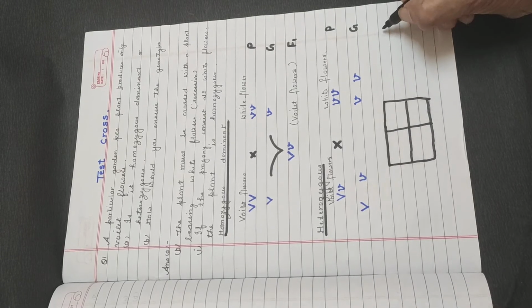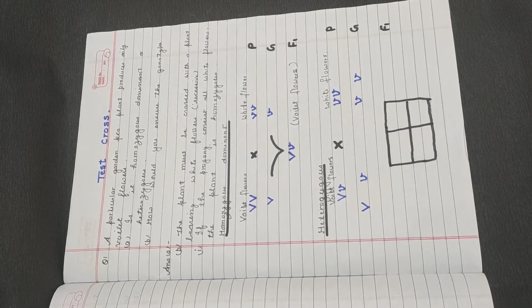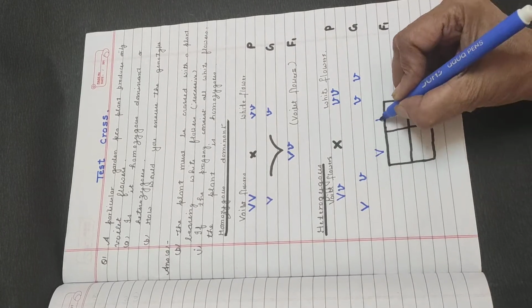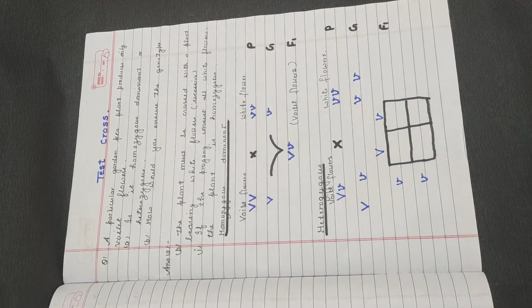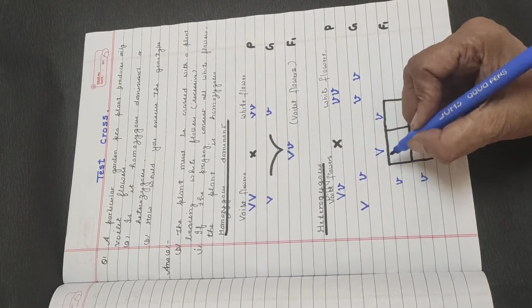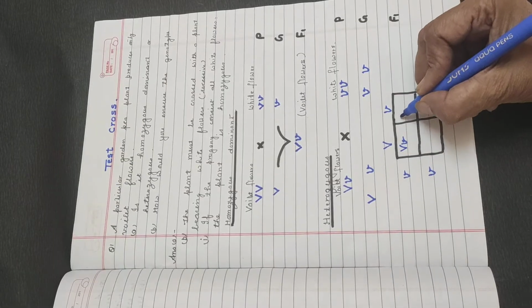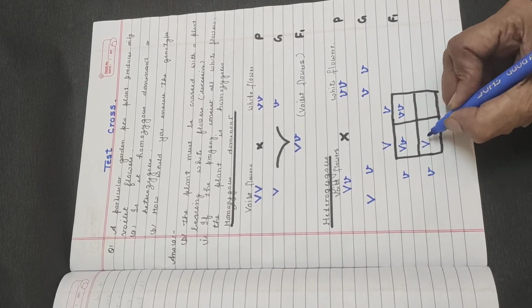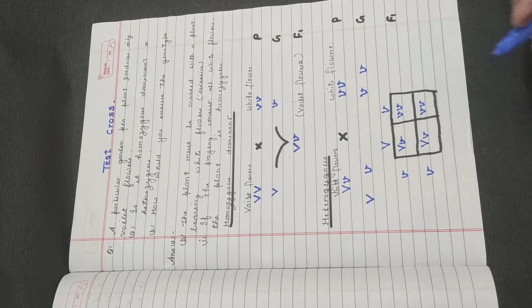Don't forget these types of things. Now, what will you write here? This will be capital V and small v, and here it will be small v and small v. Now what will come? Capital V and small v. Here it will be small v and small v. Here it will be capital V and small v, and here it will be small v and small v.